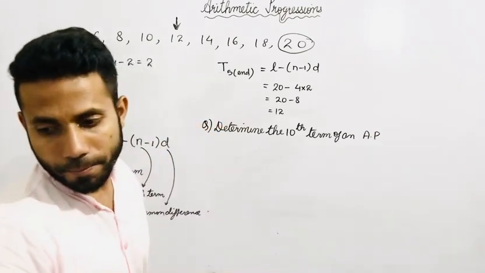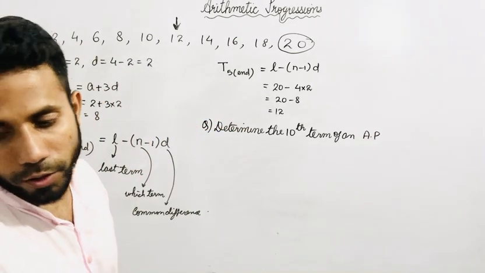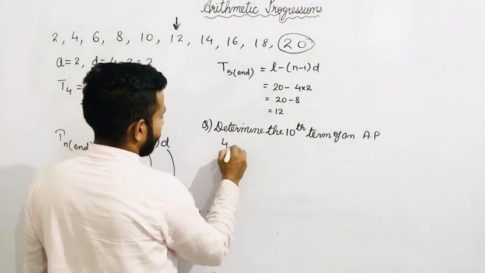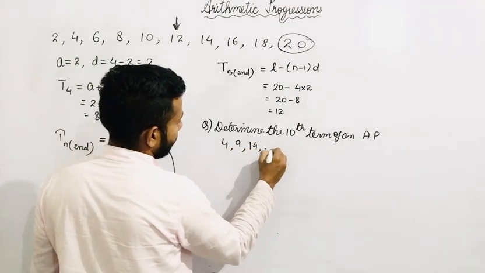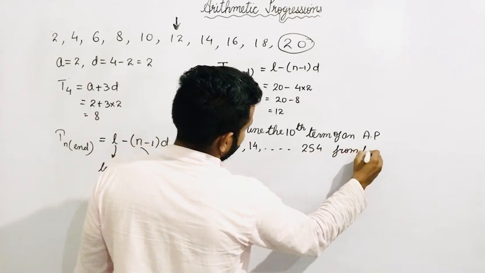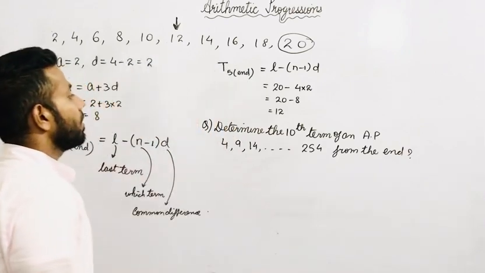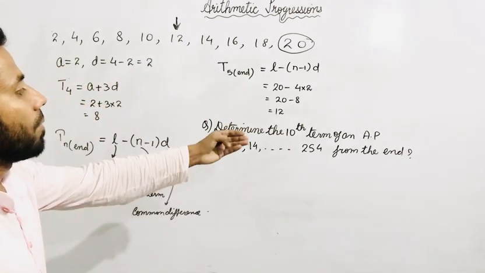And what is the AP? It is 4, 9, 14 till 254. You have to determine the 10th term of this AP from the end.